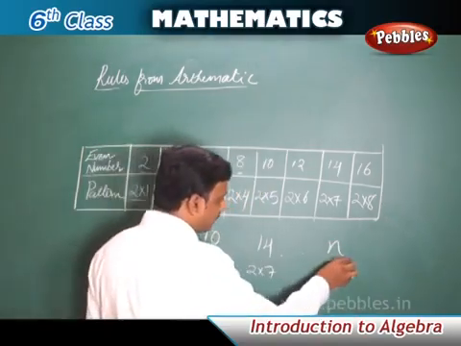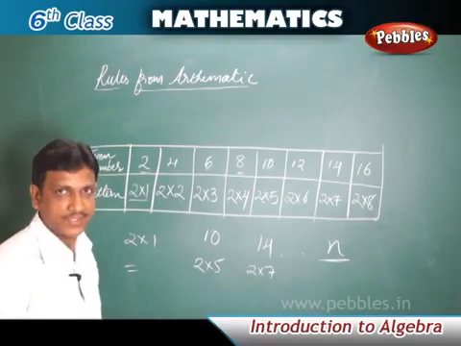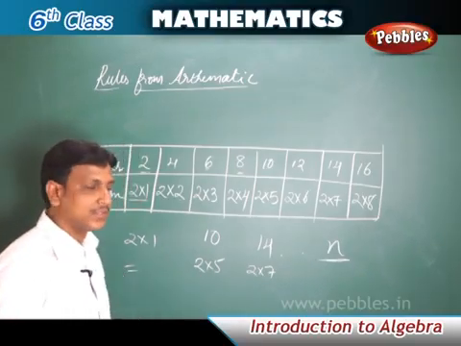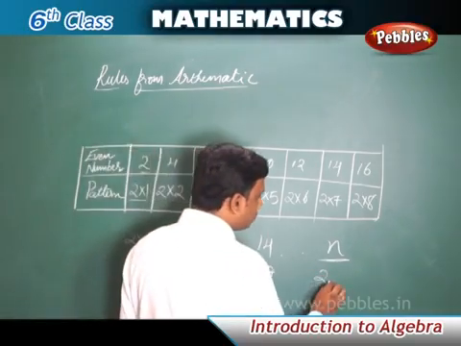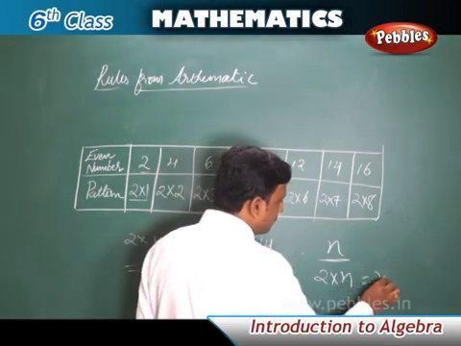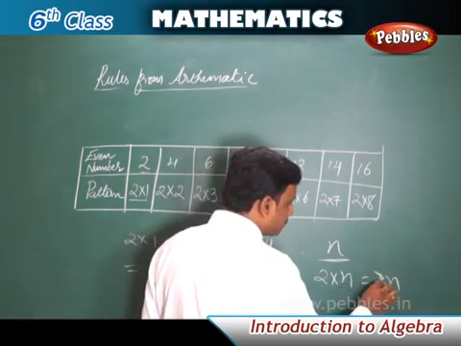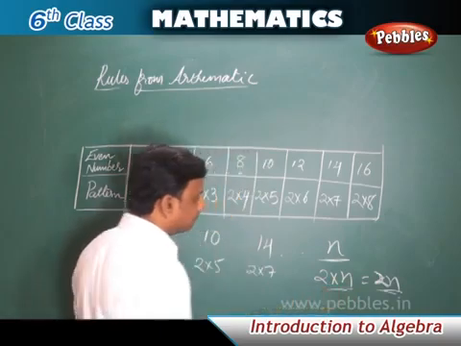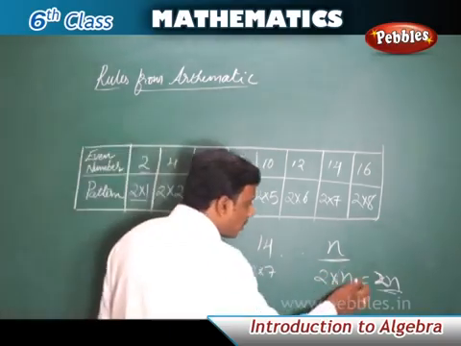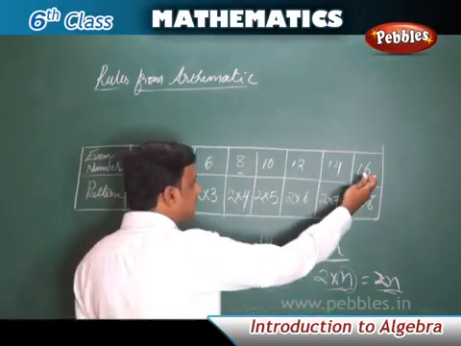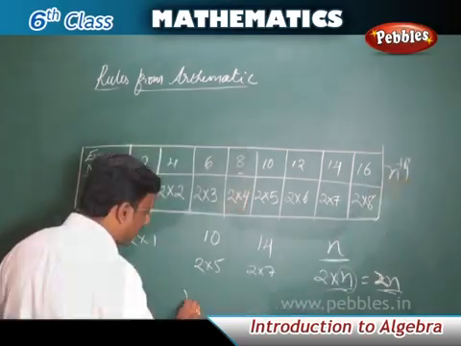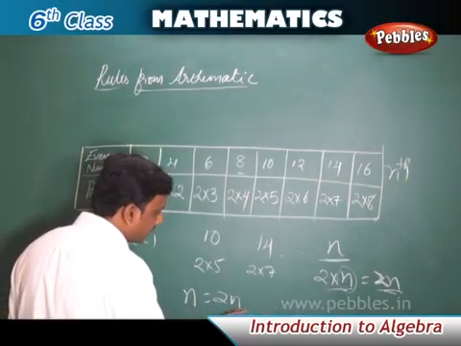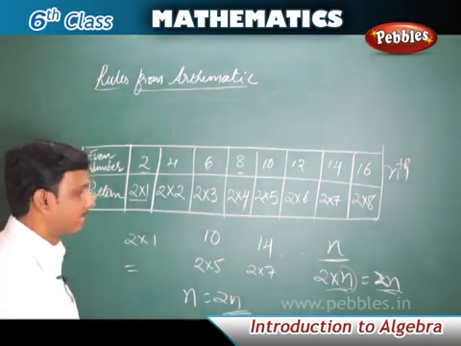We don't know the number n, it is a variable. We don't know the value. So what is the pattern for that? 2 into n, 2n. So for the 16th number it is 2 into 8, and for the nth number, 2n is the pattern.